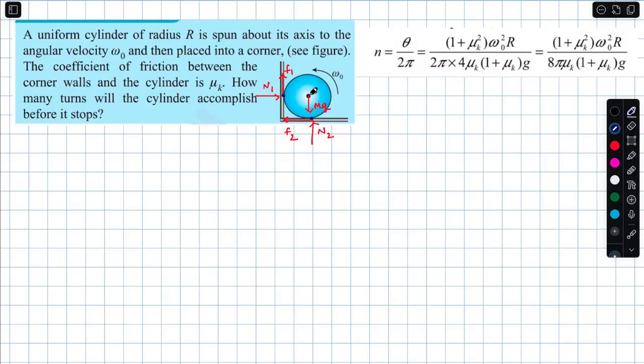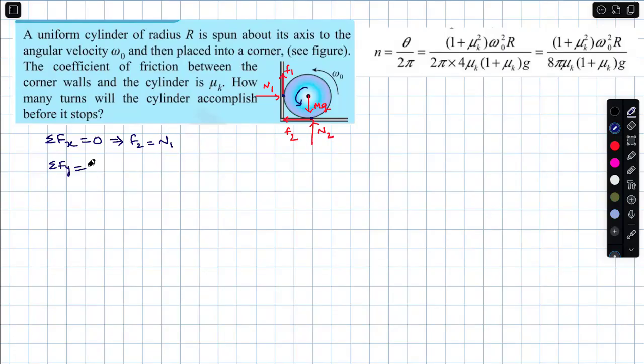Now in this part, what is happening? First, I will see only a few terms. My approach is the same. Sigma Fx is equal to 0, which means F2 is nothing but N1.